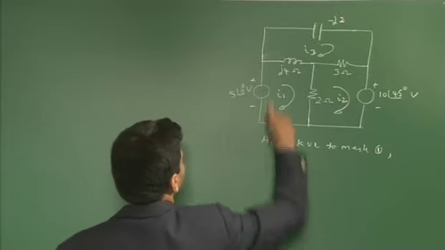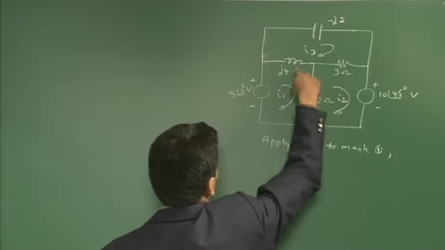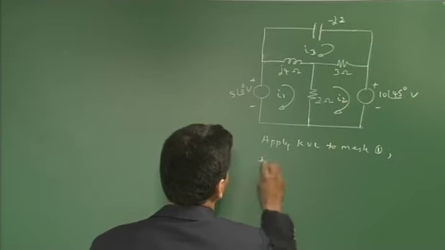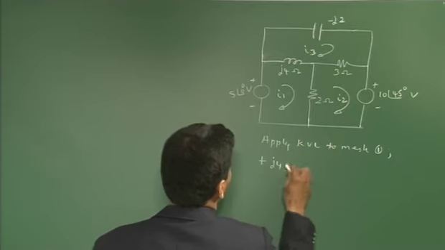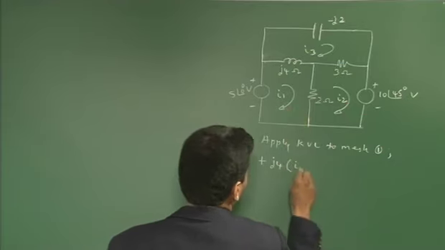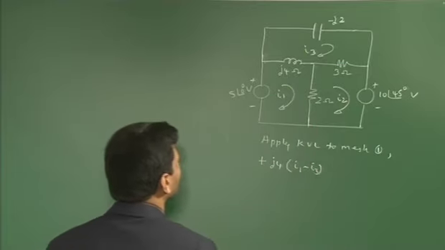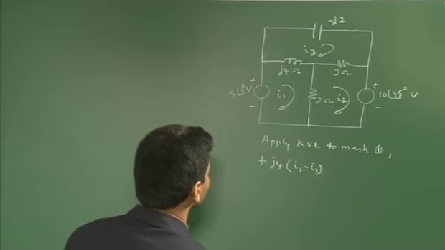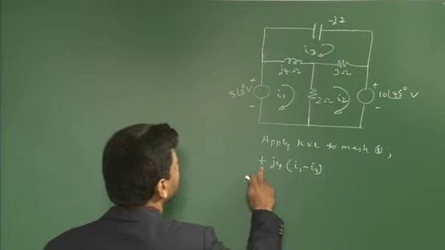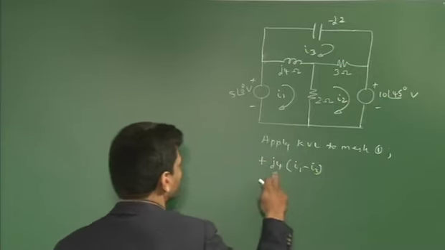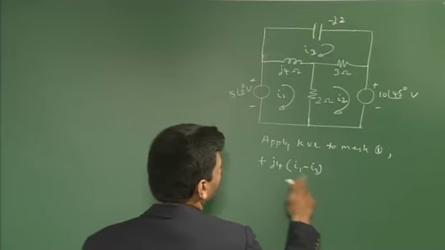Mesh 1, so let us start from here. This J4 is shared between 1 and 3, so plus J4 into (I1 minus I3). Yesterday I told you, in the case of the potential drop across a passive circuit element, you first write plus, then the impedance or resistance value multiplied by the current.